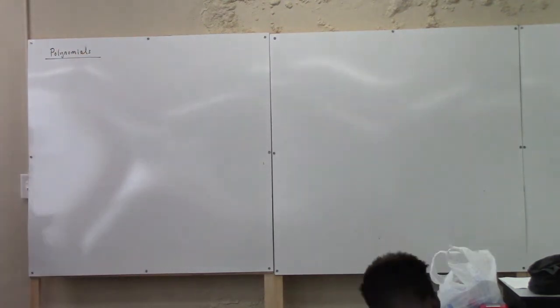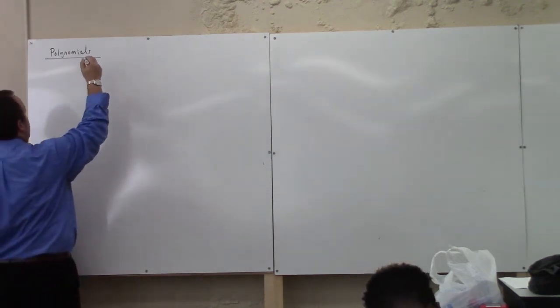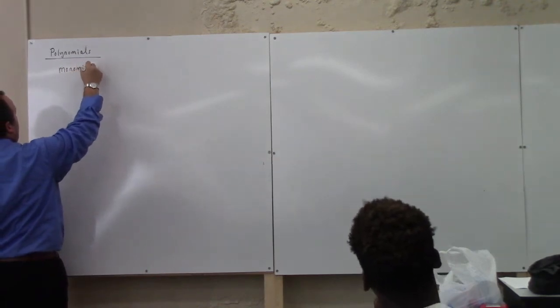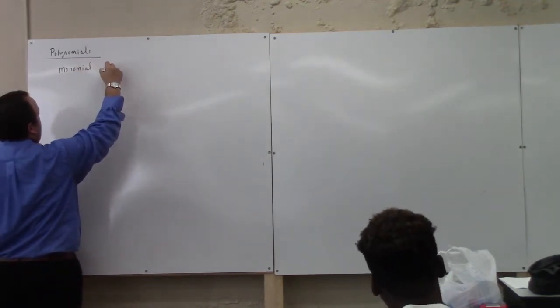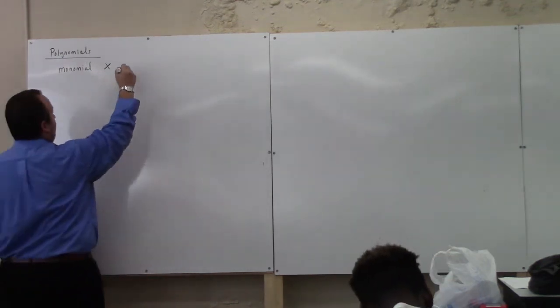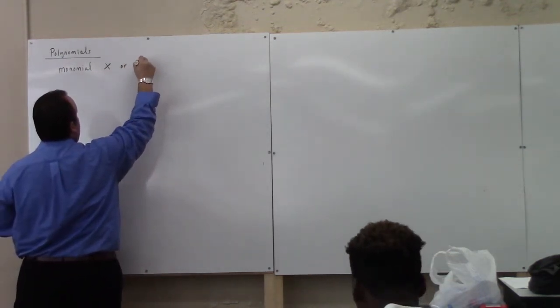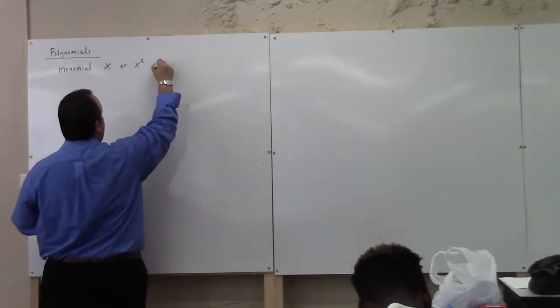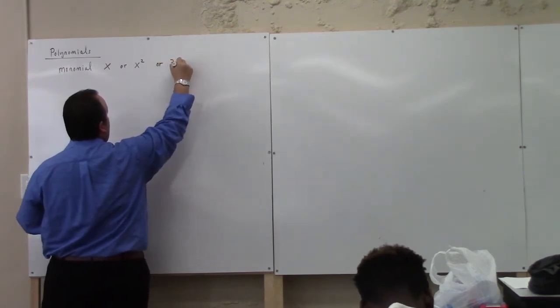So a polynomial is built from things called monomials. What's a monomial? Something like x, right? Or x squared, right? Or you could have 3x to the fourth.